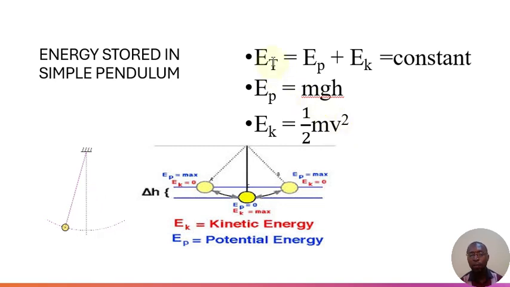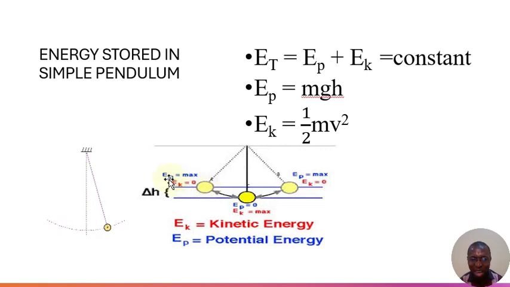Now, it has been verified from the law of conservation of energy that the total energy in a swinging pendulum is constant. In other words, EP plus EK is always the same, no matter how you speed up this swinging pendulum bob. So this diagram here is showing us a typical state of the energy when the swinging pendulum bob is at the extreme left here.